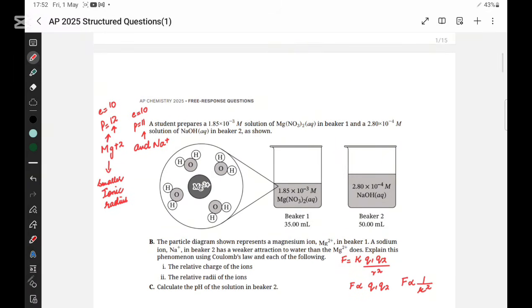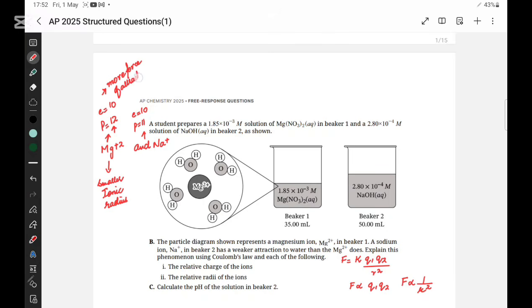Magnesium plus 2 is going to have a stronger force of attraction from the nucleus towards the valence electrons or all electrons, while sodium, which has 11 protons, is pulling the same amount of electrons, so its force of attraction is less.